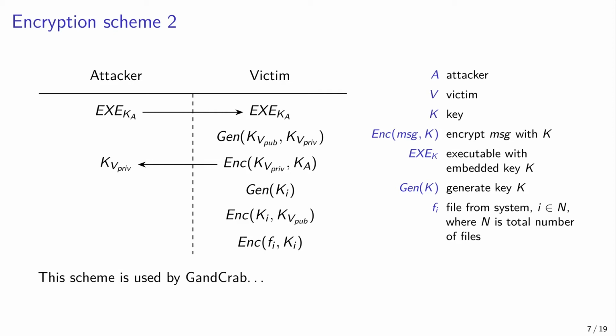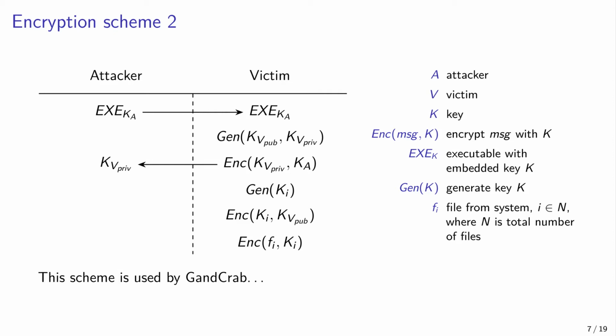Then the private key is encrypted with the embedded key and sent back to the attacker. When the message is sent, the encrypted key is removed from memory. The file encryption process is again similar to the previous scheme, where a unique symmetric key is used for each file and encrypted with the freshly generated public key.